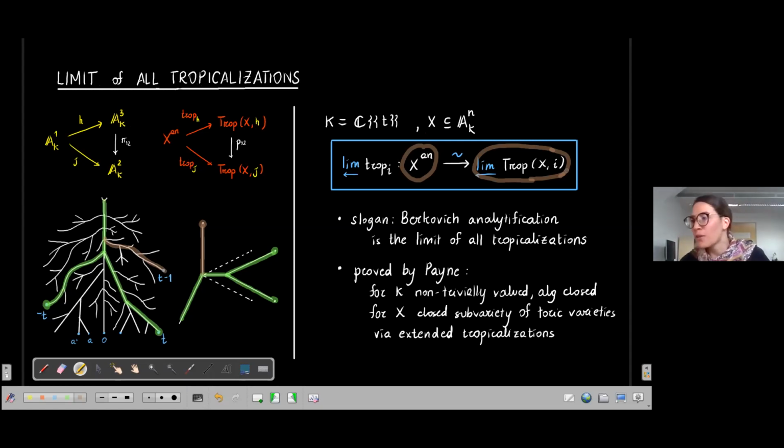I don't know exactly what you mean by intrinsic tropicalization, so maybe I'm not the right person to answer these questions. But in a sense, when you look at the Berkovich space, you're seeing all the embeddings. So sometimes you have problems in tropical geometry, in the sense that if you choose the wrong embedding, you might miss some of the topological or geometric features of your variety.